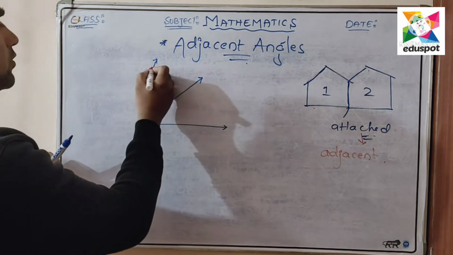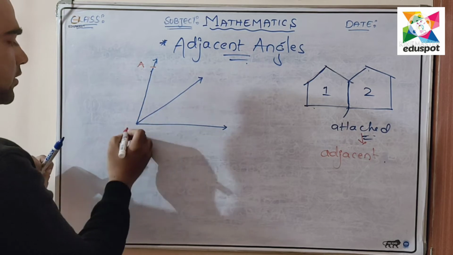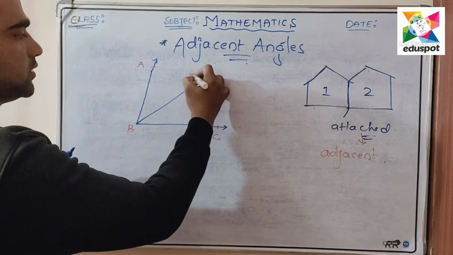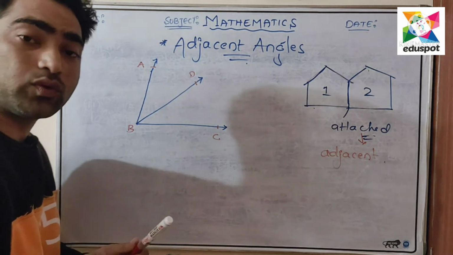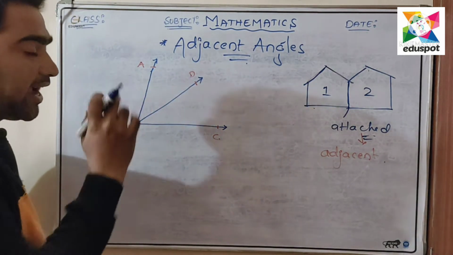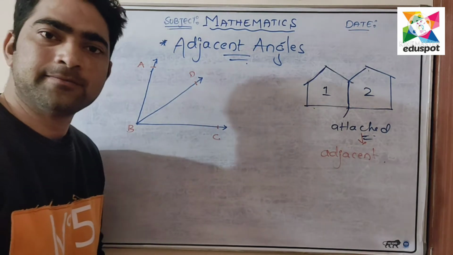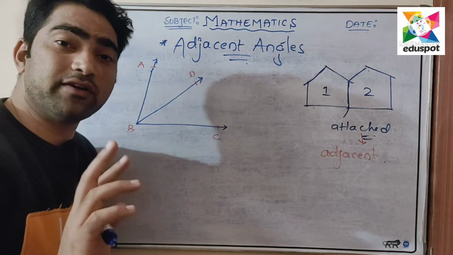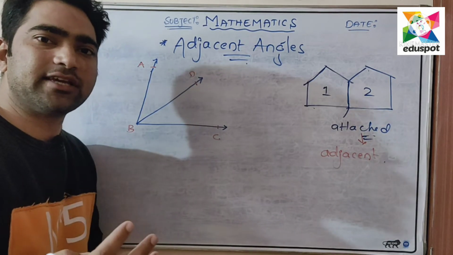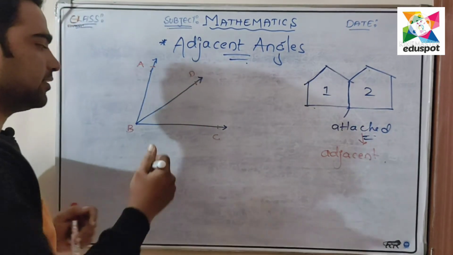So it is A, B and C, and this one is D. Dear students, see here, can you tell how many angles are there? Some students will say two angles, sir, and if you think beyond, you will get three angles, right?